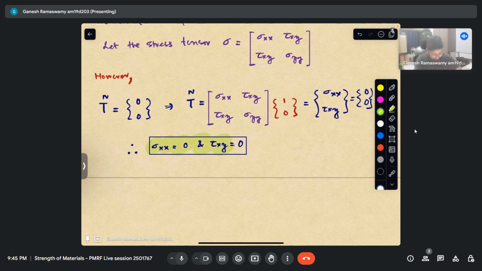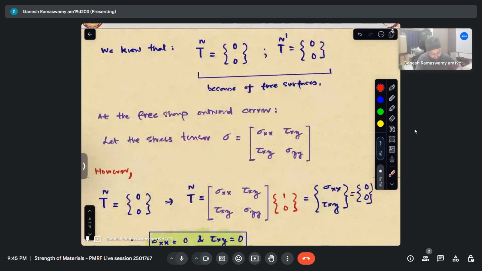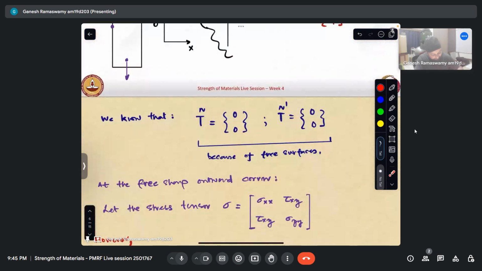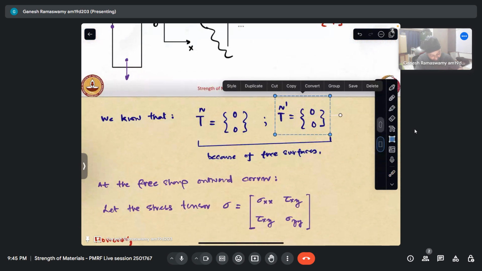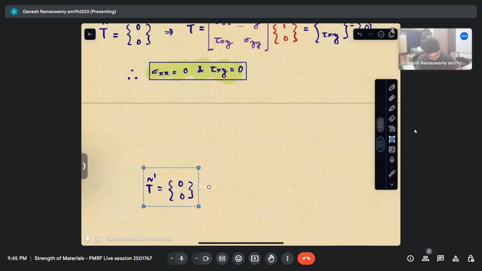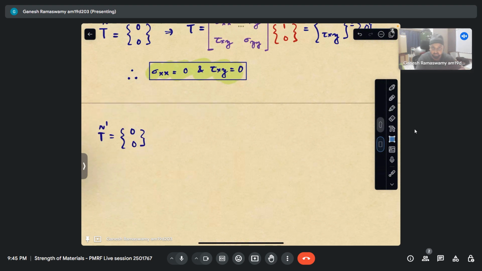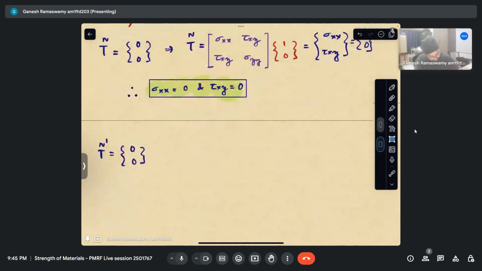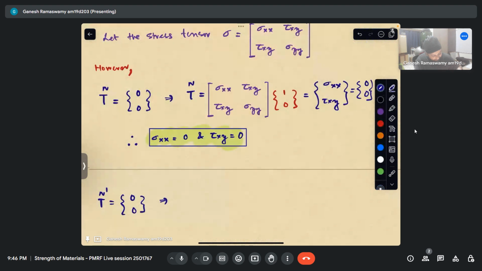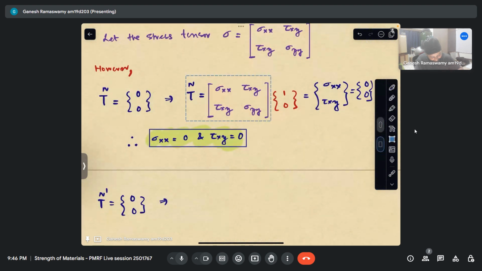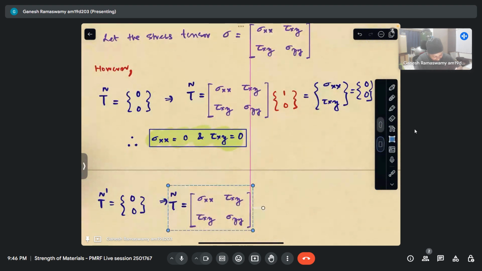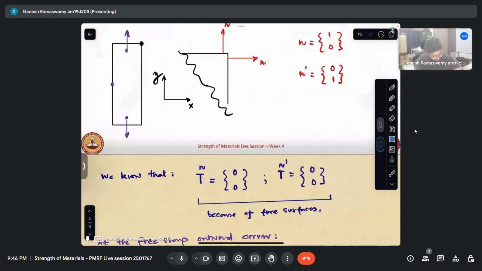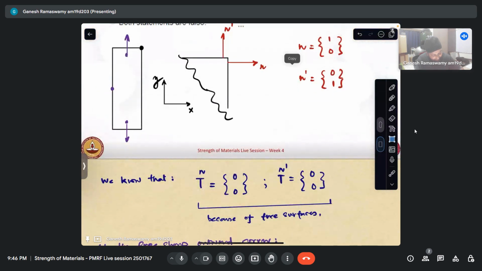So this much information we have deduced based on our Cauchy's formula and the knowledge that it is a free surface. Now let us take the other traction. We also know that Tn prime is 0, which implies the same thing, that it will act upon the other normal, which is this.